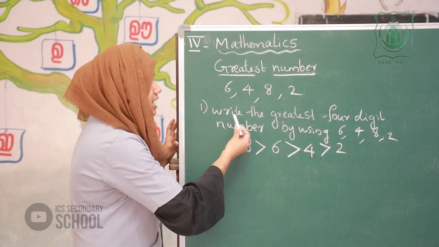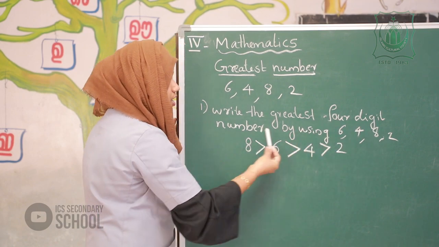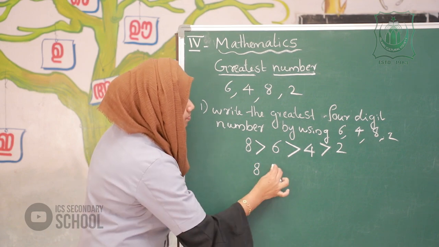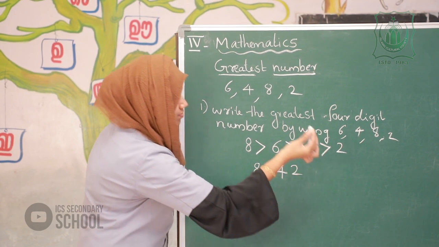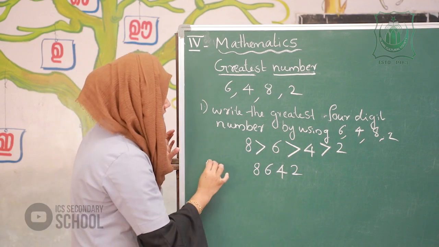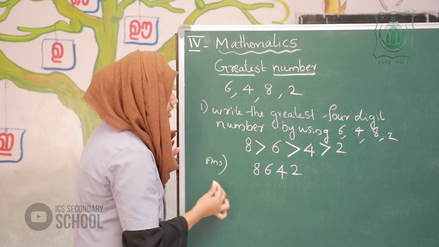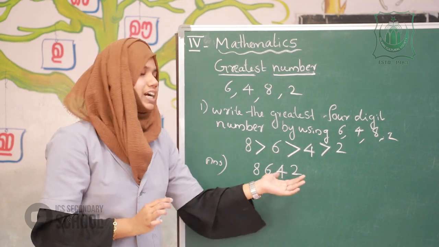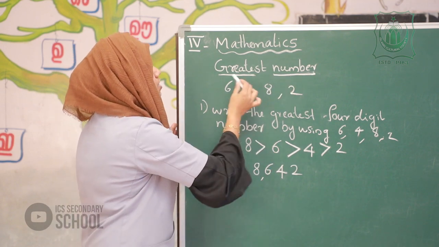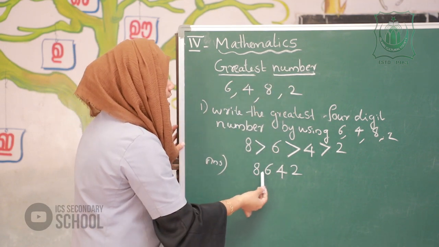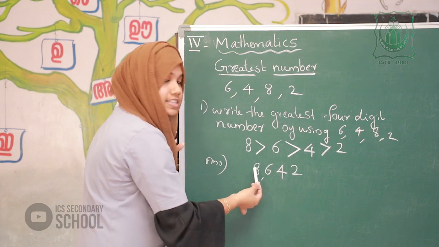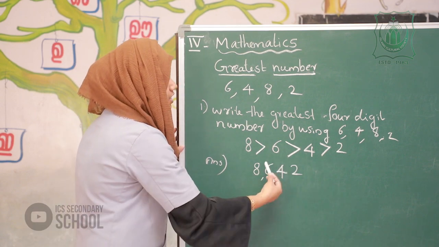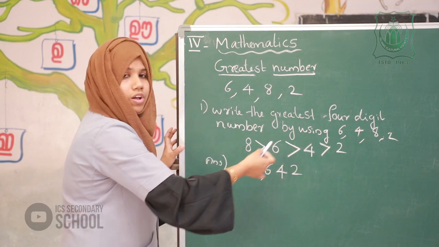So the answer is 8,642. You got the idea? So forming the greatest number means write the greatest digit first, then follow with the other numbers.